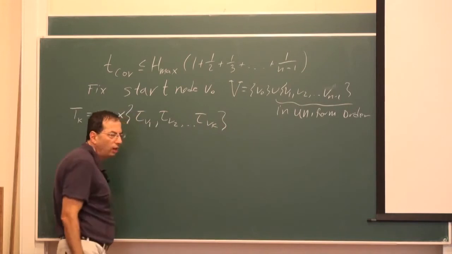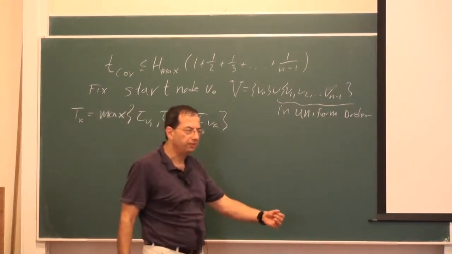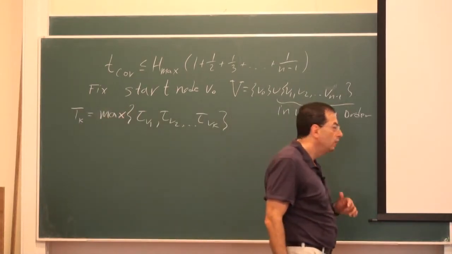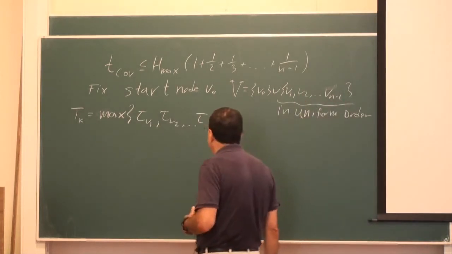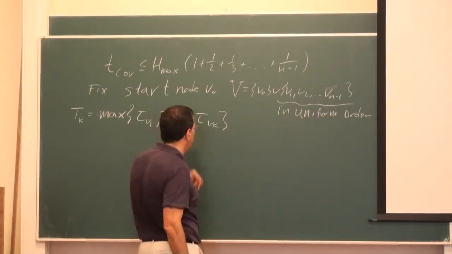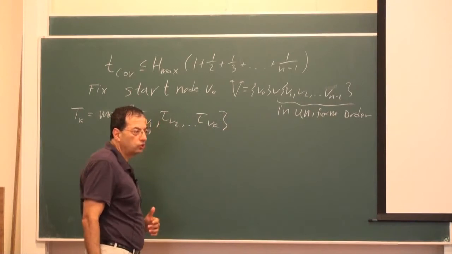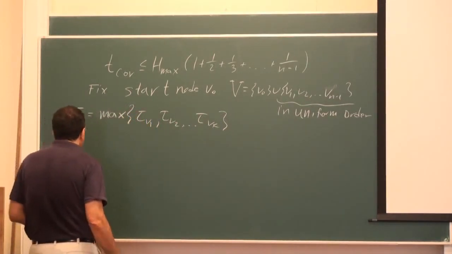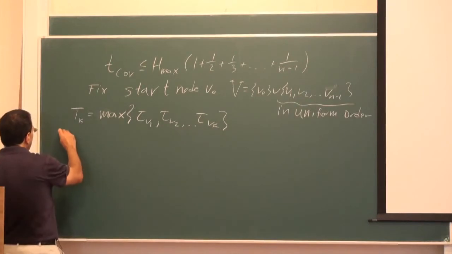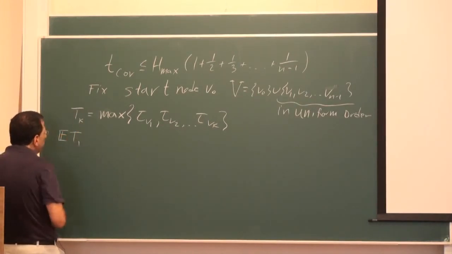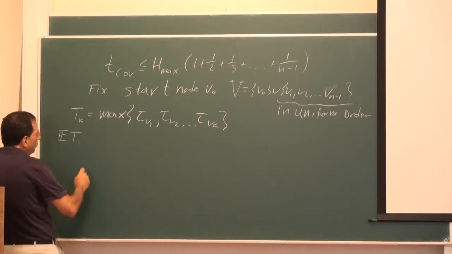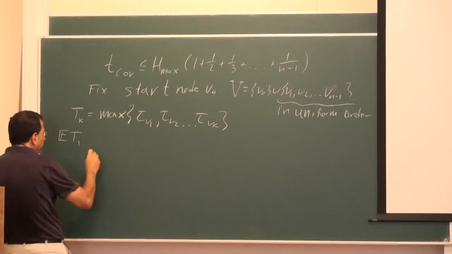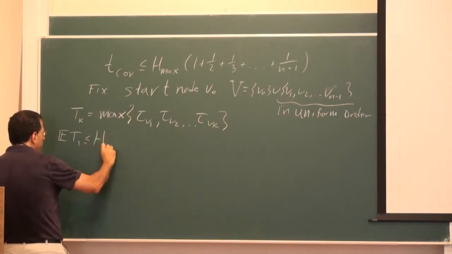And to remind you, tau V is the first time we visit V. So T_k is the first time where we visited all the vertices V1 up to Vk, which were chosen in this random order. So what's the expectation of T1? Well, for T1 it's just hitting V1, so certainly that's bounded by H max.